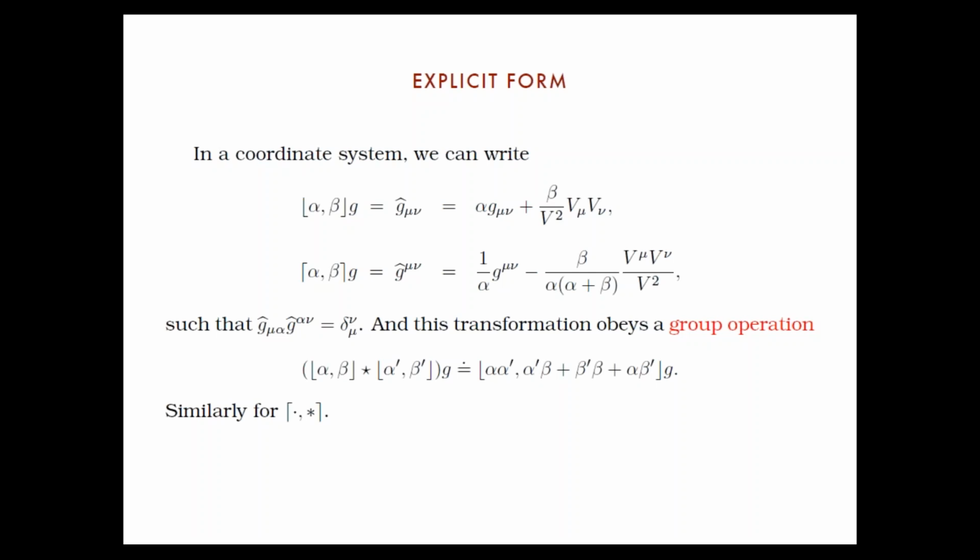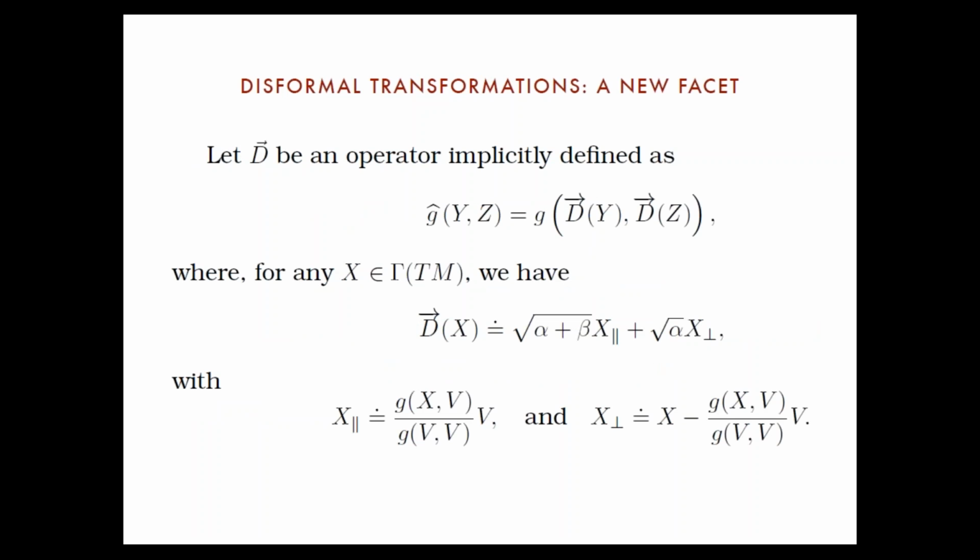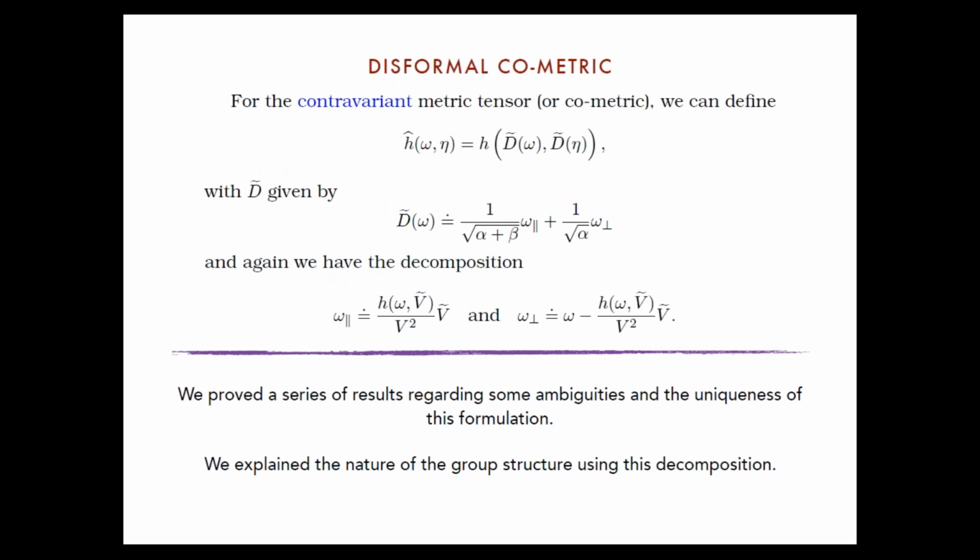Because we wanted to know how that operation appeared, what was exactly the reason. So we decomposed the disformal transformation on a metric tensor in terms of an operation on the tangent space. So instead of performing a disformal transformation on a metric, we considered a disformal operator. That's the machinery that we discovered.